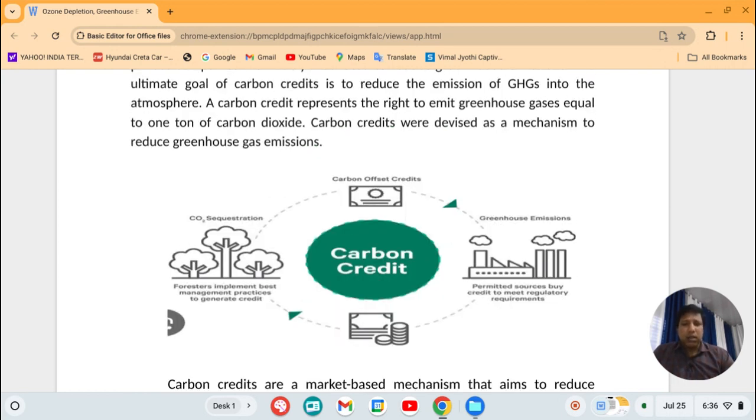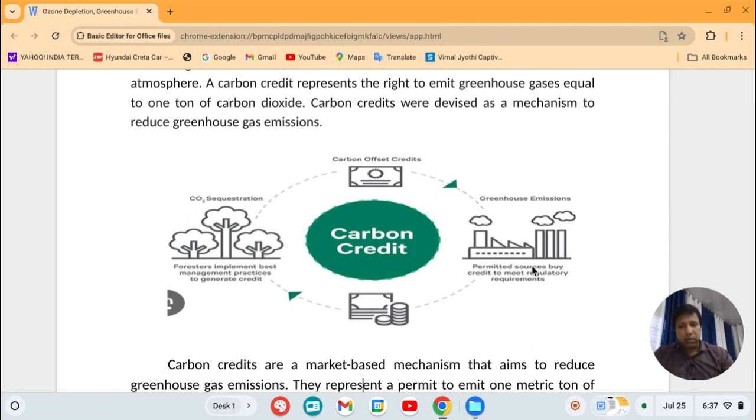So you can see when a manufacturing company has some excess carbon credit, they can sell that excess carbon credit to some other company, and they can earn money. So that is called carbon credit.